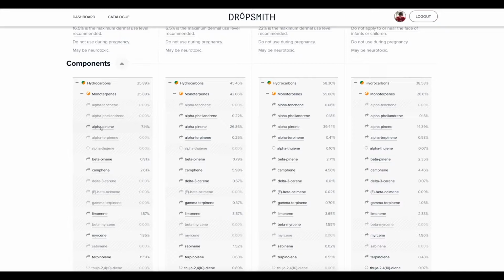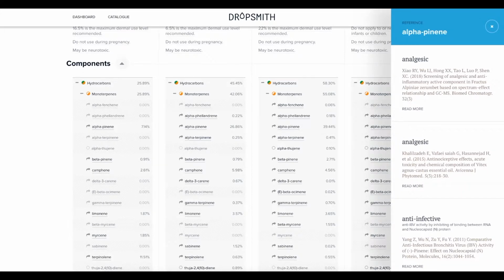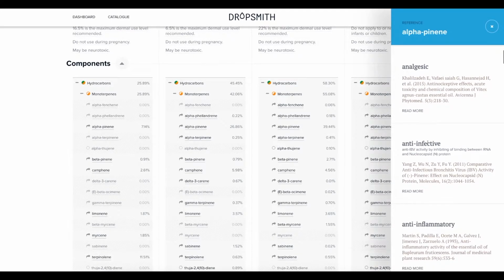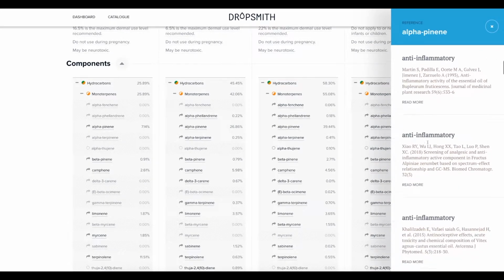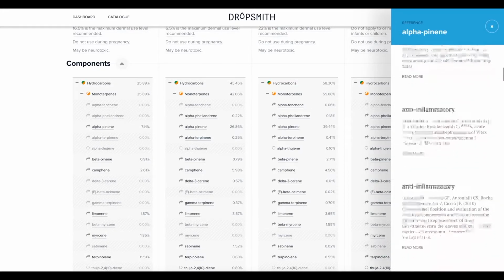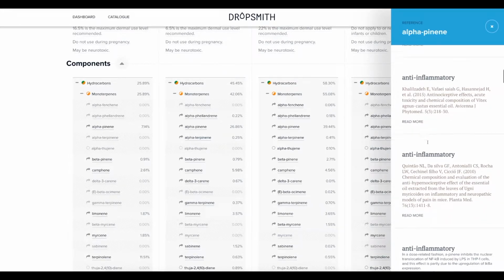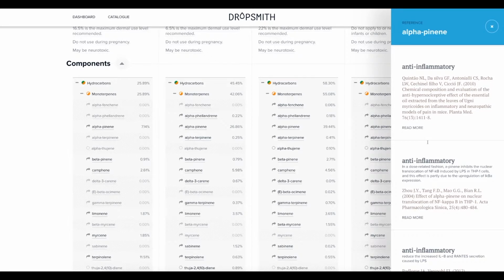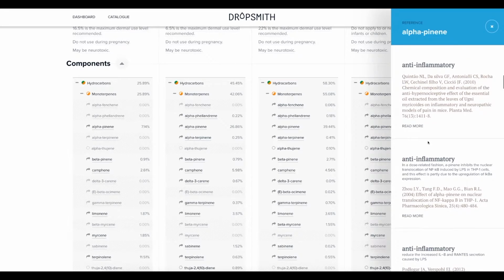So what I wanted to show you is just go and check for alpha pinene and see what tests are done on it and what references we have, because this can tell you a little bit more about the chemical component, not only that it's anti-inflammatory, but do check out if there's more information in the article, what it was actually tested for.